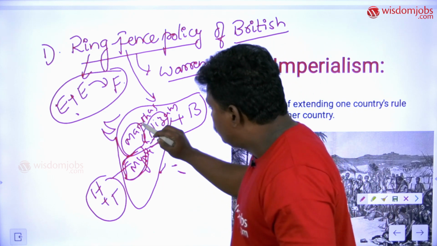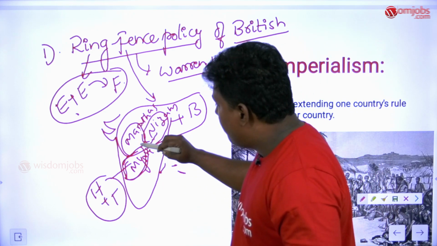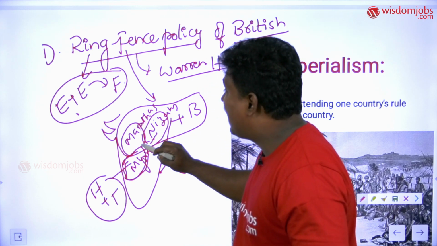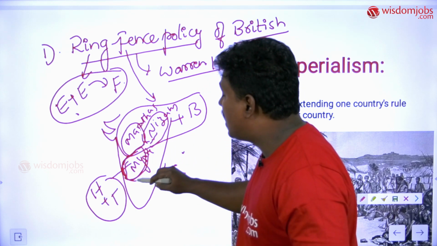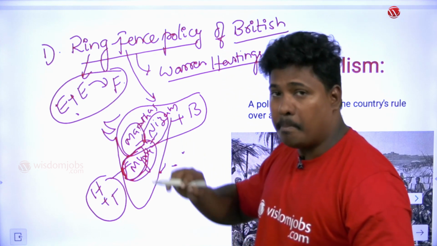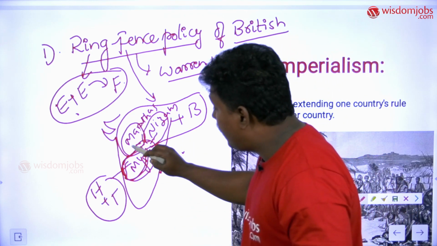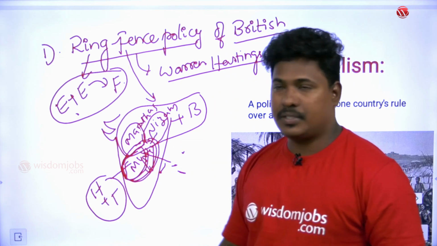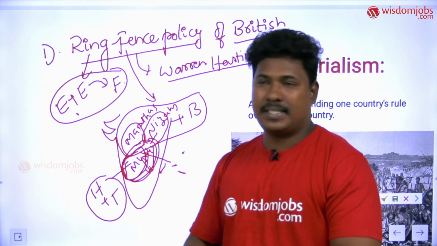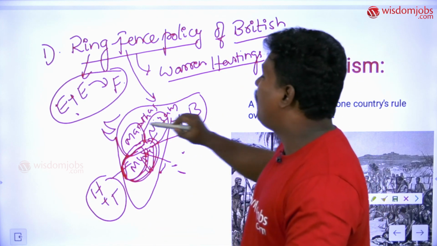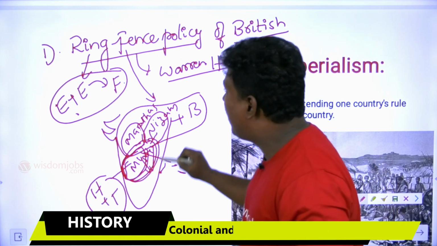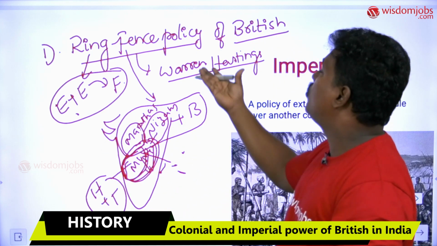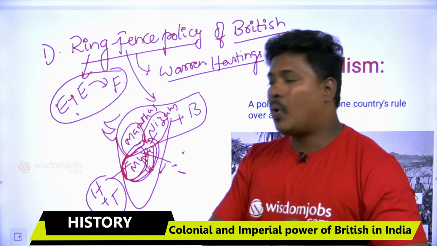So through the enemies, Marathas and Nizams, Warren Hastings started making a fence around the rival state Mysore, and he made a strong fence to close the chapter of the Mysore state. Here he emerged victorious. The simple thing is the ring fence policy; it is in the form of a ring, and the ring had a beautiful fence, and this policy was introduced by Warren Hastings, right?